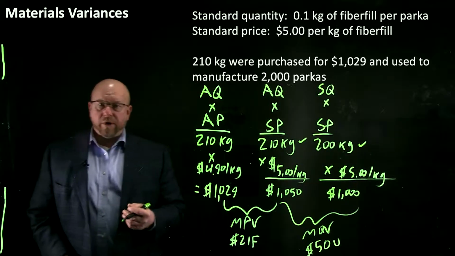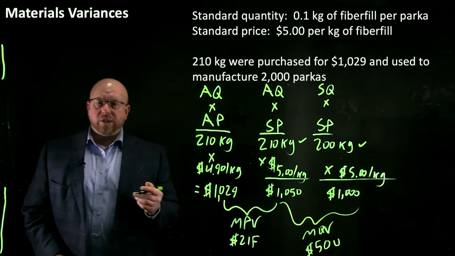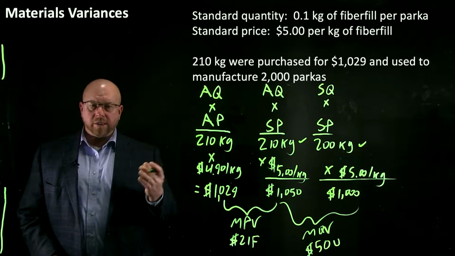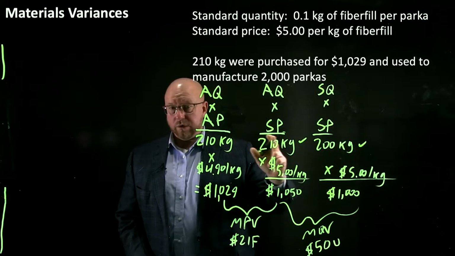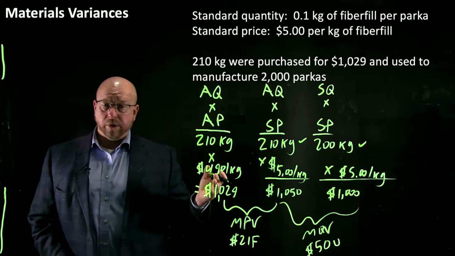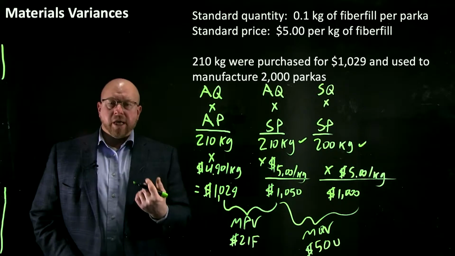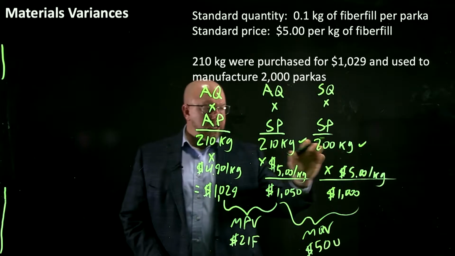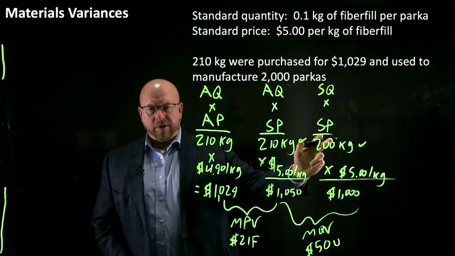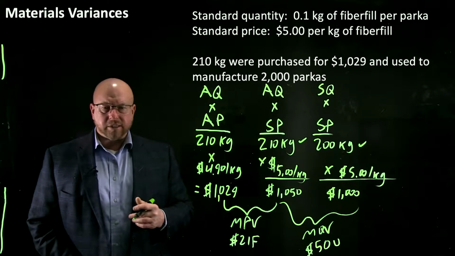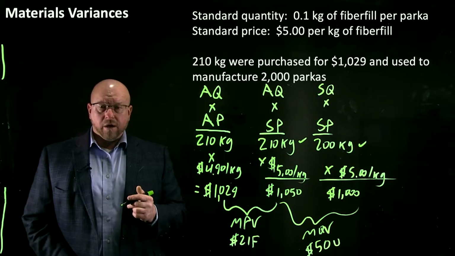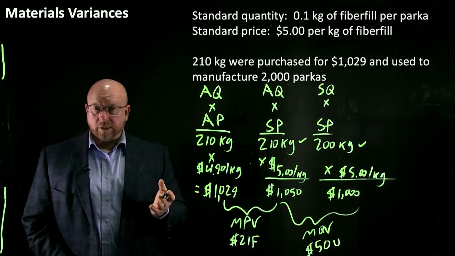Remember, what the quantity variance is really doing is helping us translate a variation in quantities, in other words, number of kilograms of input, and express that in terms of dollars. Once we take that variation in the quantity of input and multiply it by the standard price, that allows us to see the dollar impact of the variance in quantity.